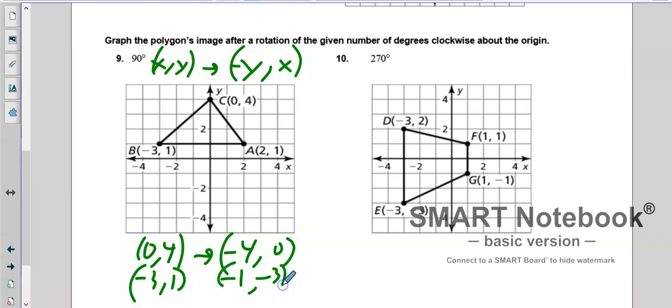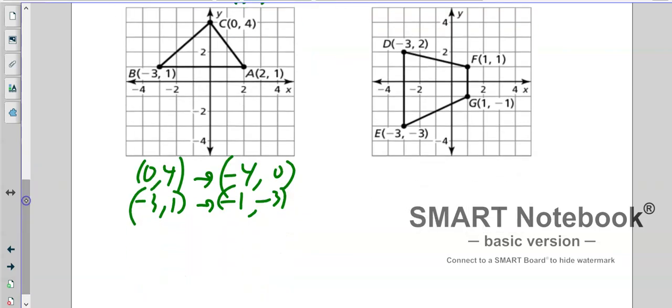Notice the 1 moves to the front and becomes opposite, and the -3 just moves and stays the same. And then 2, 1 is going to shift to -1, 2. Again, the 1 shifts to the front and becomes opposite, the 2 moves to the back and stays the same.